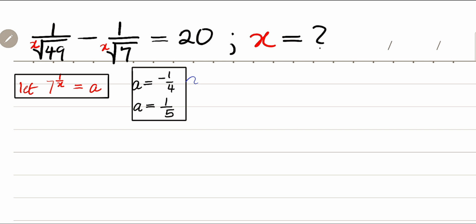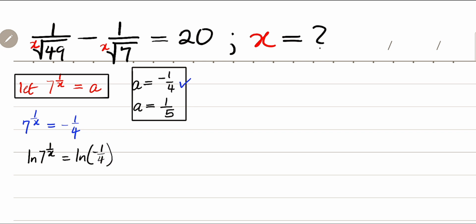So let's find the value of x when a equals negative 1 over 4. At this point we have 7 raised to 1 over x equals negative 1 over 4. All we need to do is to apply ln to both sides. So by applying ln to both sides, we have ln of 7 raised to 1 over x equals ln of negative 1 over 4.